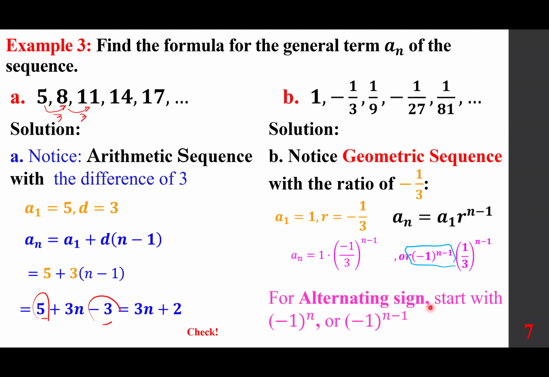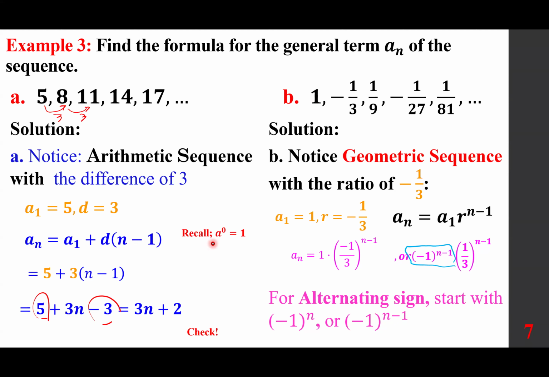For alternating sign, start with one of these two, either negative 1 to the power of n or negative 1 to the power of n minus 1, as is the case here. Notice, if you start with this one, 1 makes this negative and the first term must be negative. But if you start with this one, 1 makes this 0, negative 1 to the power of 0 is 1. Just recall that's the case.